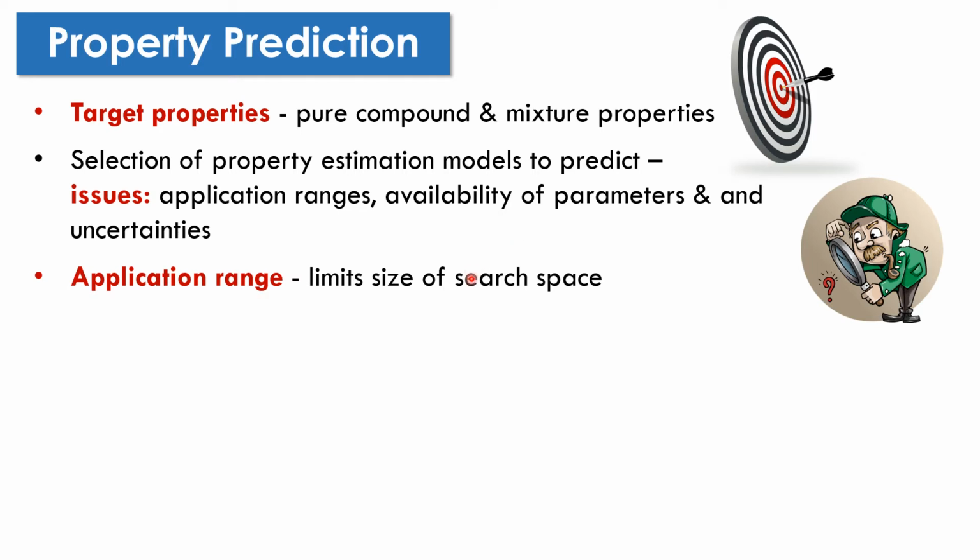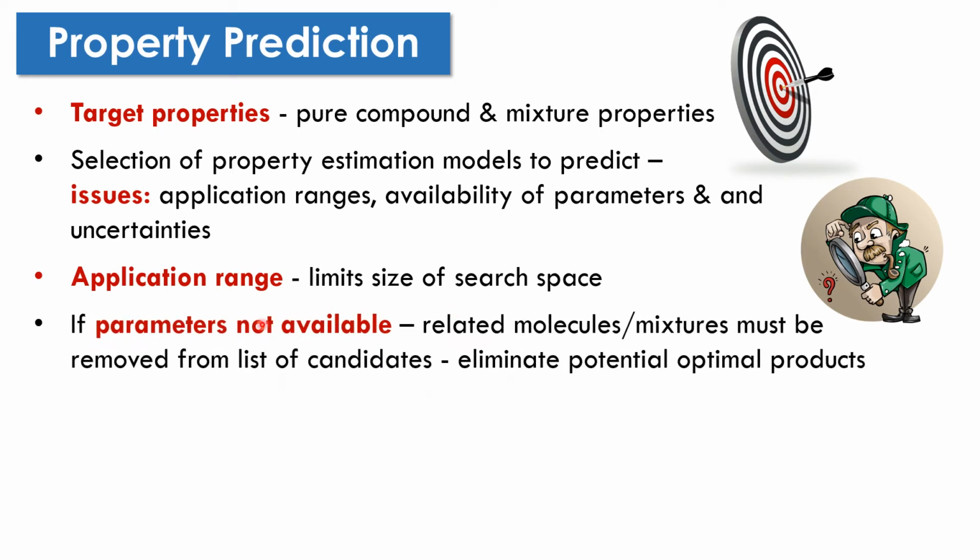It would be better to have a larger search space, because we will have a higher possibility of finding the most optimal molecules or mixtures. The smaller the search space, the less opportunity we have to find the most optimal chemical molecules or mixtures.